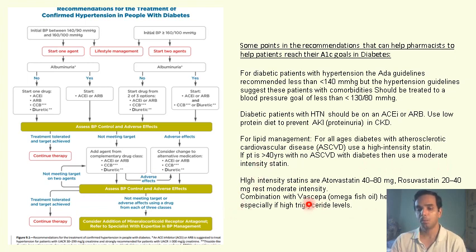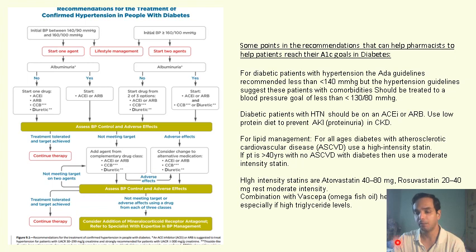And of note, combination products like with Vascepa, omega fish oils, help lower the CV risk more, especially if the patient has high triglyceride levels. In fact, a recent study showed that adding Vascepa omega fish oils helps lower the risk for CV events by almost 40% versus about 30% approximately, not exact numbers, with the statins.